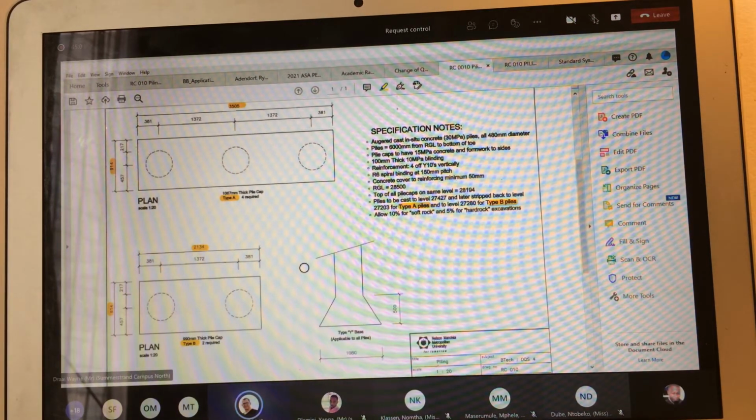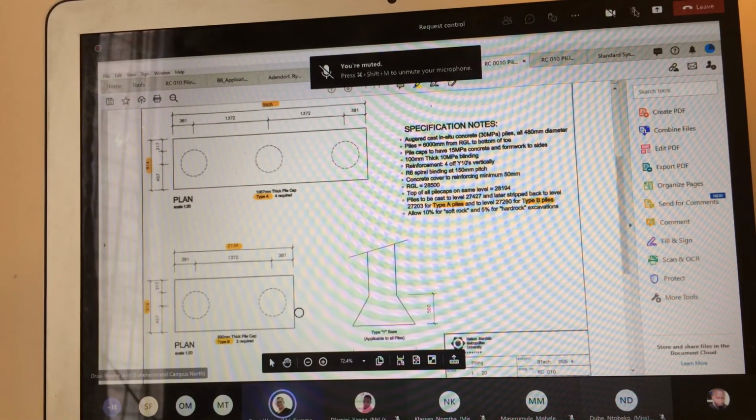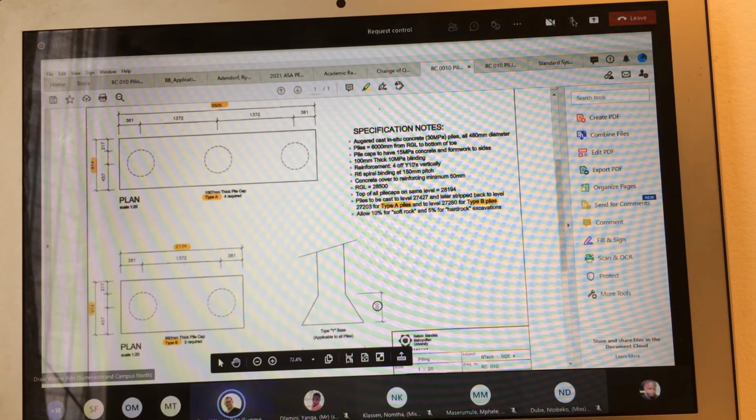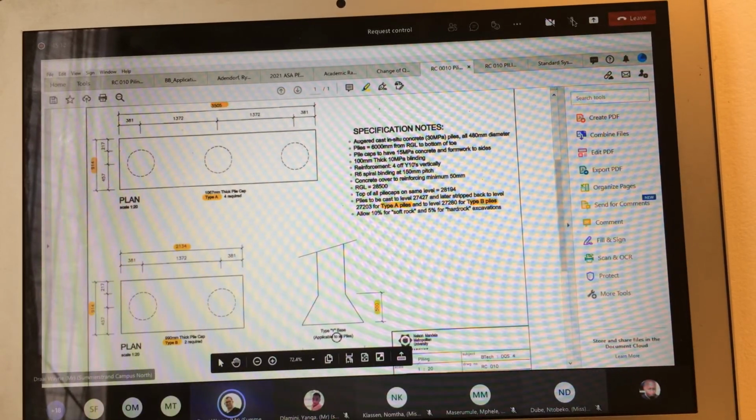Can you see my drawing? Yes, sir. Okay. Now the 500 is what I'm referring to there.